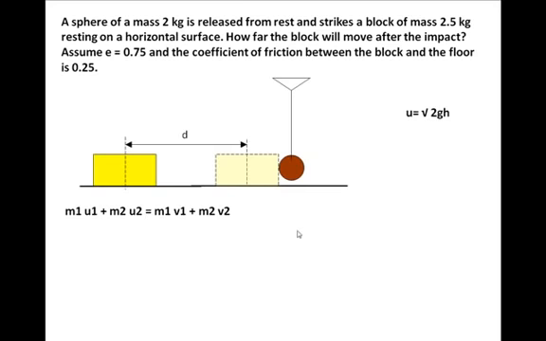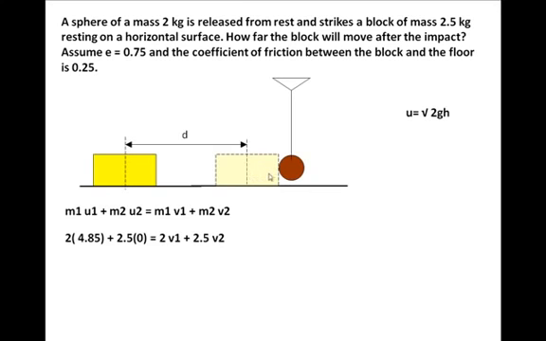The pendulum has mass m1, this body has mass m2, and they have a direct impact with no external force, so the momentum before and after the impact has to be conserved. Now let's put in the values. m1 is 2 as given here. u1 is the velocity of the pendulum just before it hits the body.